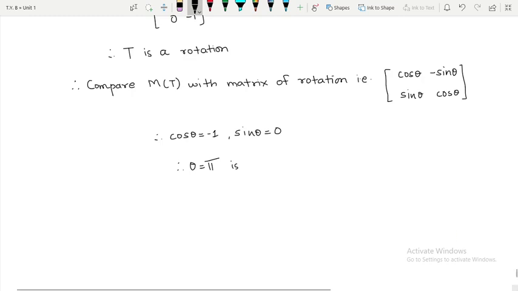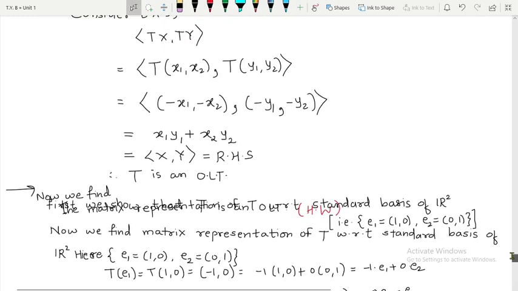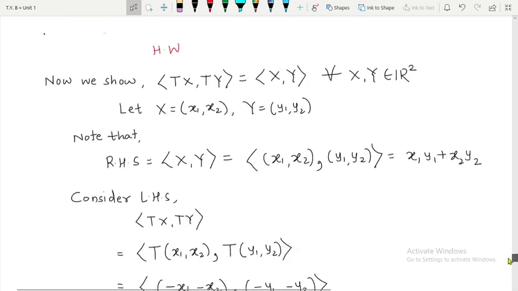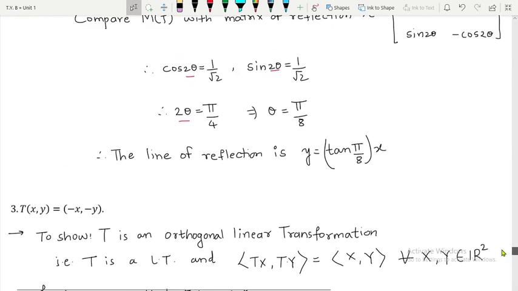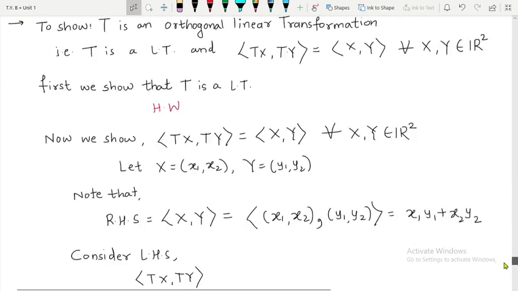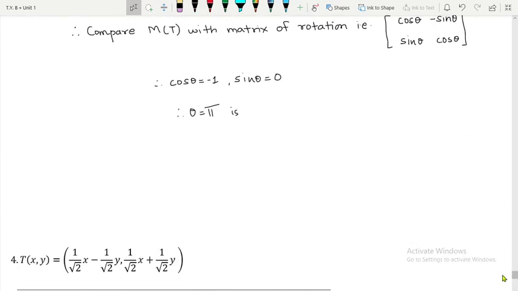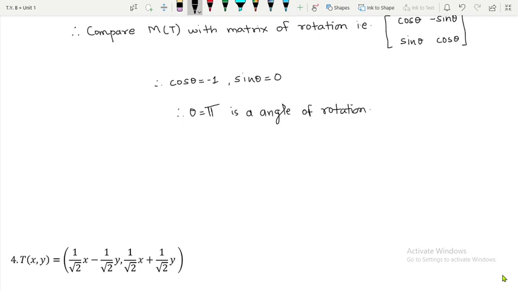So saying "the" is not right actually, because theta is not unique. So therefore theta is equal to pi is an angle of rotation. Okay, that's fine then.